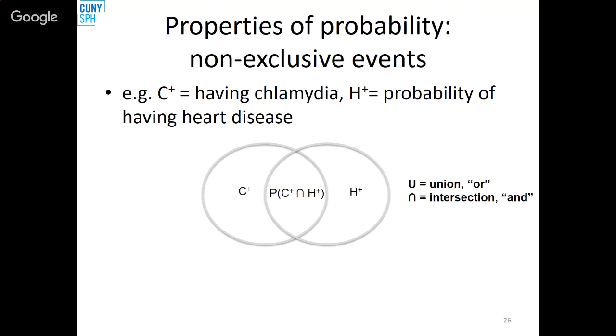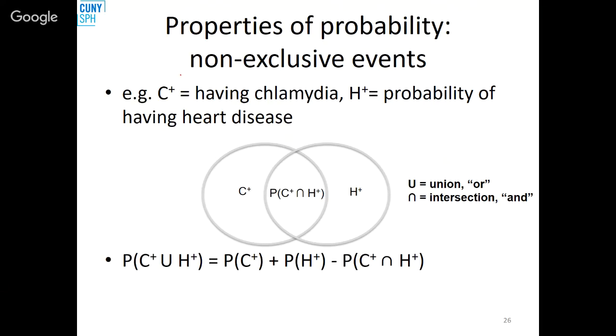When we have non-exclusive events, such as having chlamydia and having heart disease, then there's an overlap. There's an intersection. And in this case, the probability of the union is the probability of one event plus the probability of the other minus this overlap, this part that's getting counted twice, the intersection.